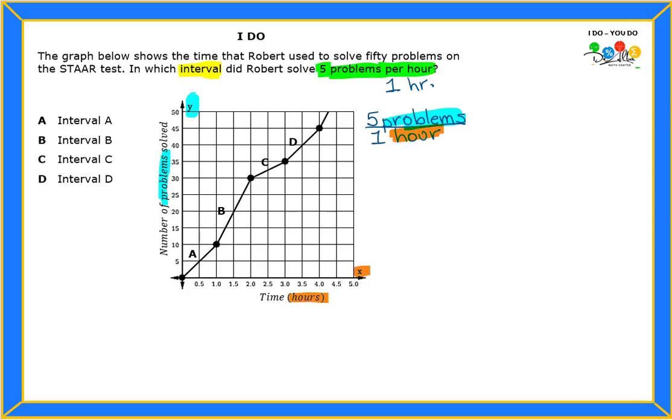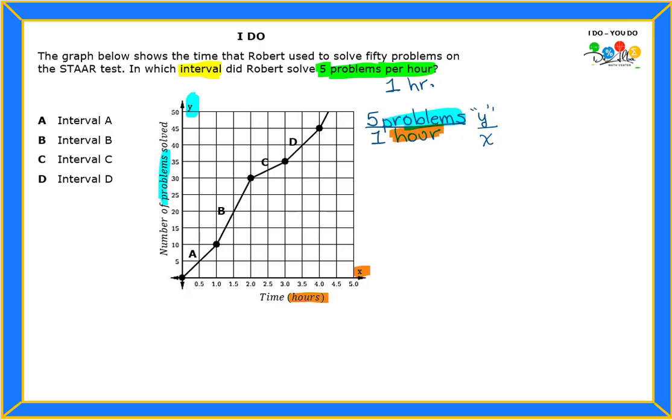The reason why I'm asking you to write down and identify the labels is because now I know the problems is the Y, and the hours is gonna be my X. Very good. Look at the line that is given to you. This one is not exactly a straight line. I see pieces of lines going in slightly different directions.